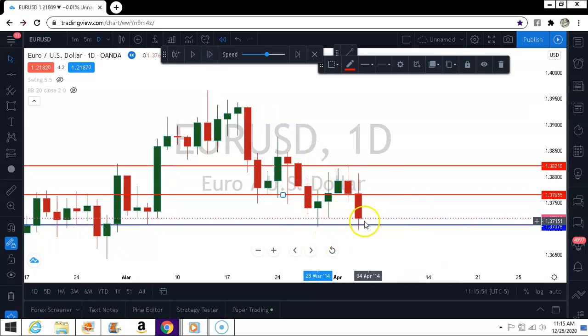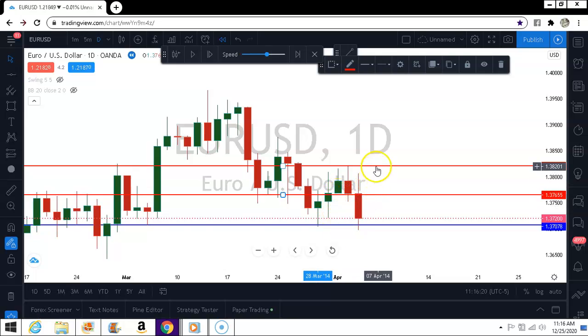So my prediction was correct. It stayed above here, and definitely below here. So price closed below, and it closed at support here, but it closed below the resistance line here.